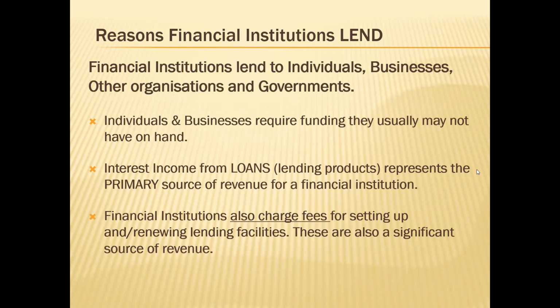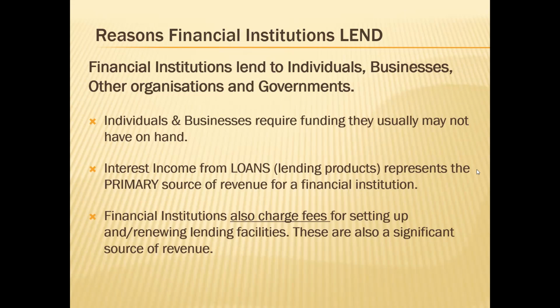Then we looked at reasons why institutions lend. So we say they lend to individuals, they lend to businesses, they lend to other organizations, and they lend to governments. The 2 things that we're concerned with here are individuals and businesses, but more so individuals in this course, to a lesser extent businesses, because business lending is a little bit more involved and in depth.